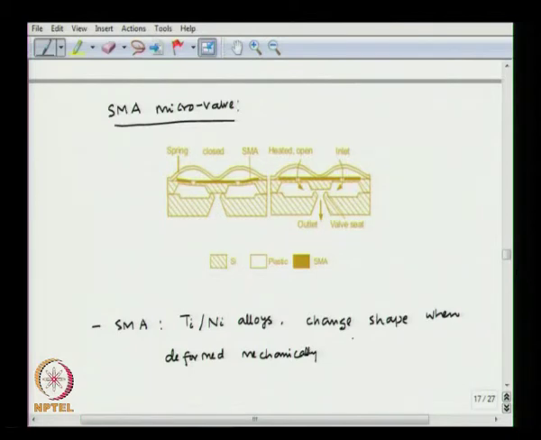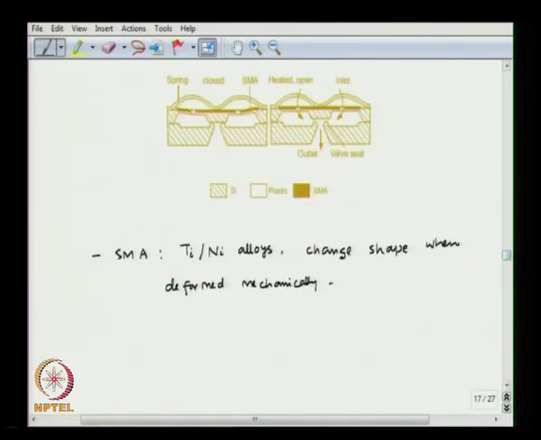But they will return to their original shape when heated.